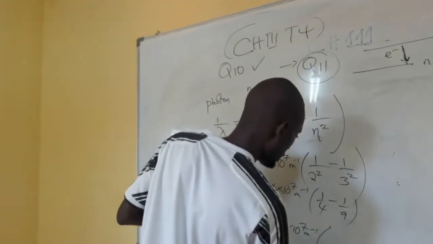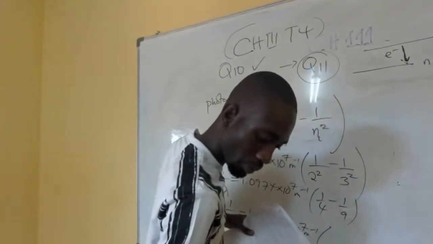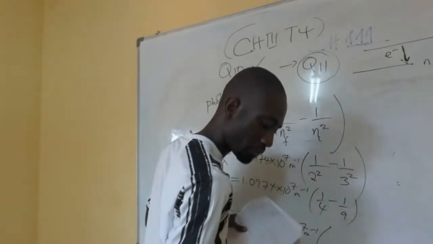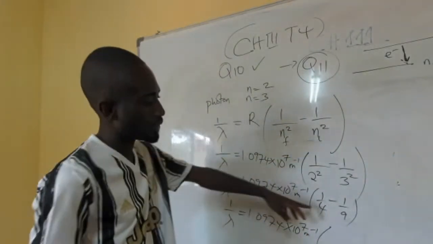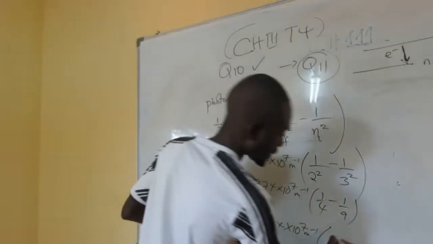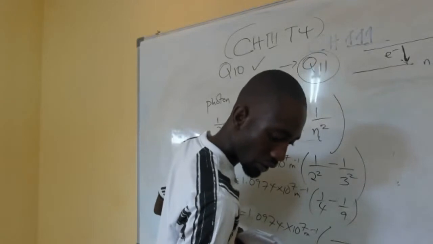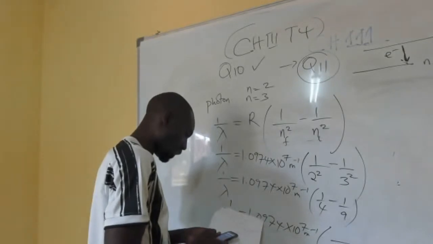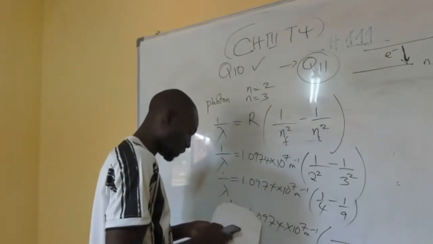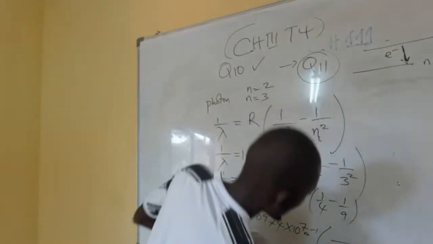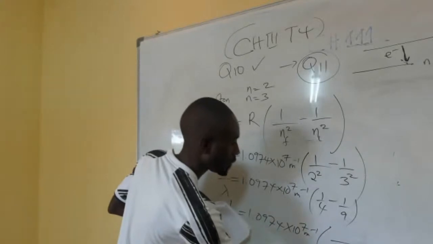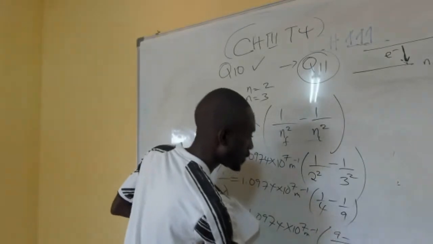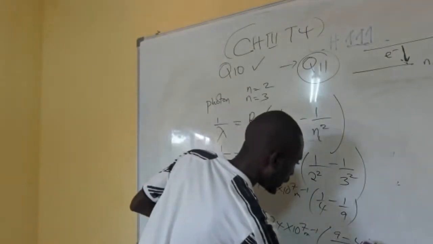Evaluating all of this, 4 times 9 gives us 36. So you can put 36 there. 4 into 36 is 9, and 9 into 36 is 4, so the numerator is 9 minus 4, which is 5.